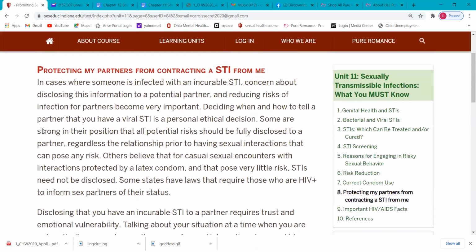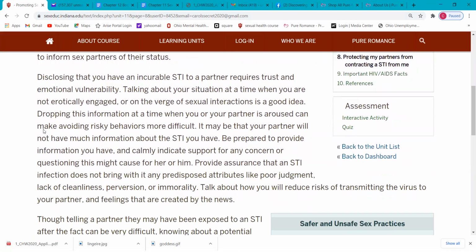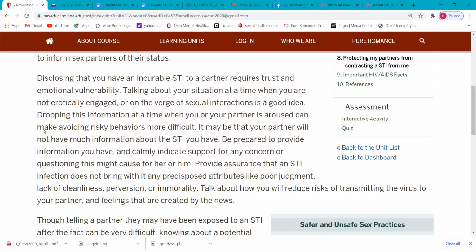All right, protecting my partners from contracting an STI from me. In cases where someone is infected with an incurable STI, concern about disclosing this information to a potential partner and reducing the risk of infection for partners become very important. Disclosing that you have an incurable STI to a partner requires trust and emotional vulnerability.